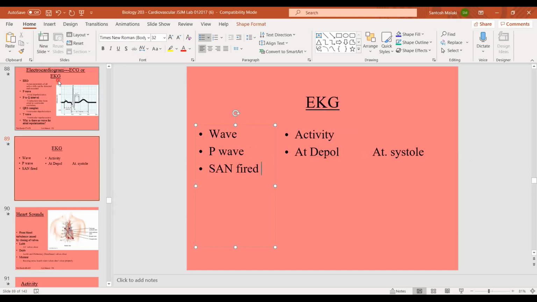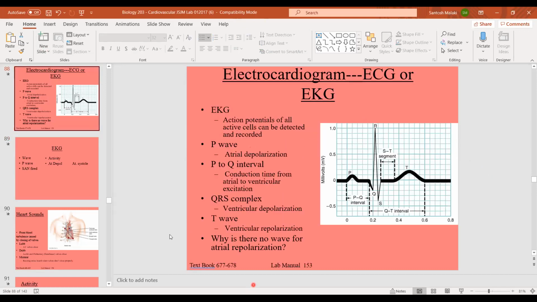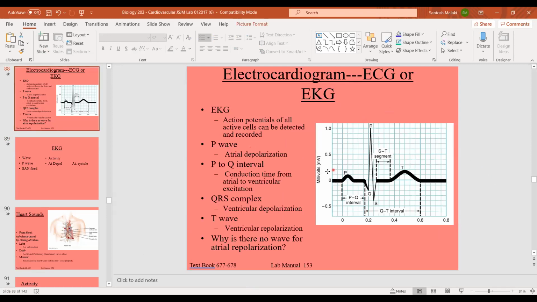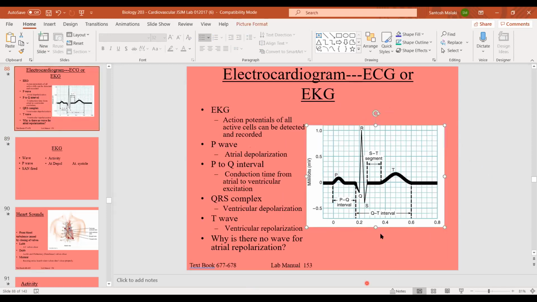So I go to my EKG. I've run this EKG. So when I ask you the question, what does the P wave denote? What does the P wave indicate? And your answer will be the P wave indicates, number one, the SA node has fired.